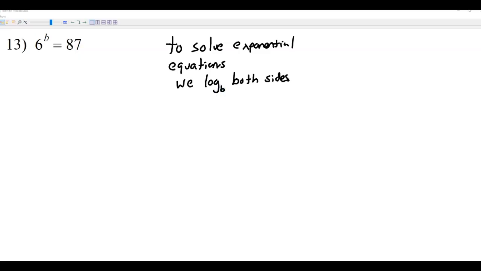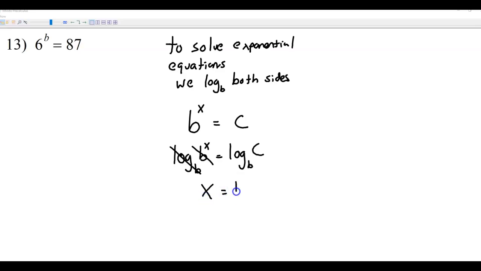So, for instance, if you have base b to the x equals c, then you would log both sides with a base of b on both sides of the equation. So basically just put a log base b on both sides. And we have a log property that tells us that these cancel out, and that gets x by itself.